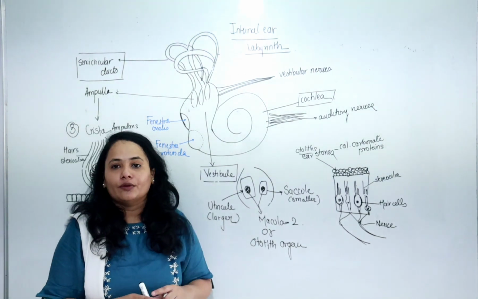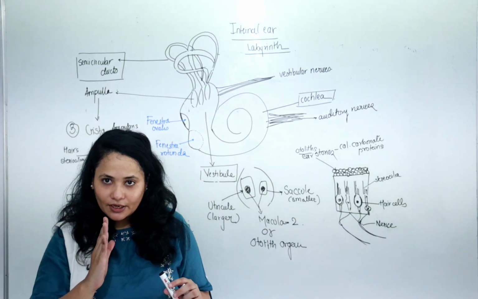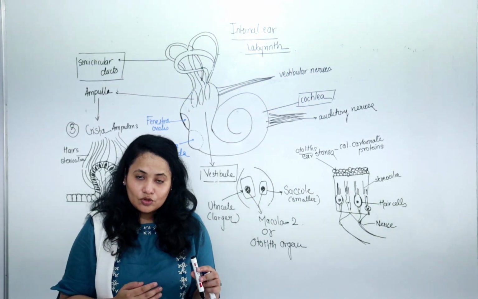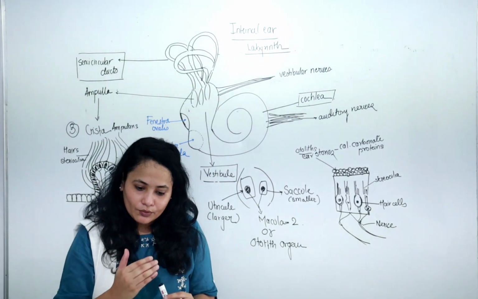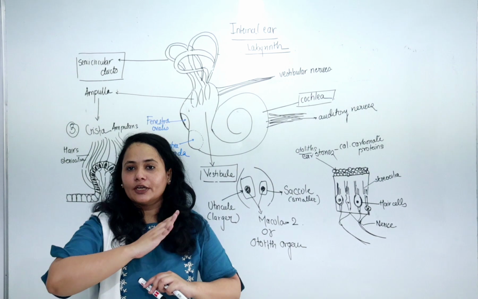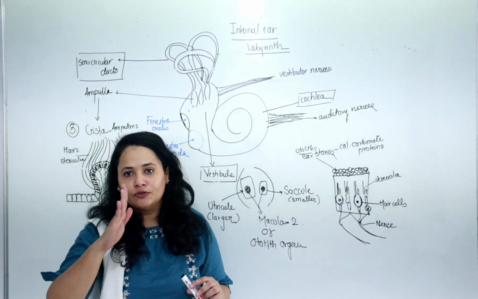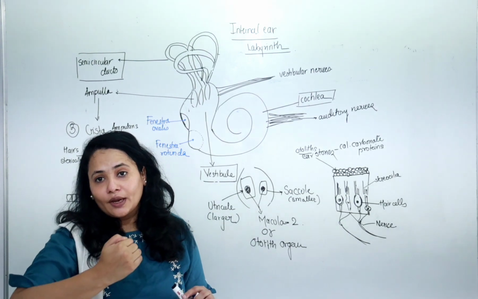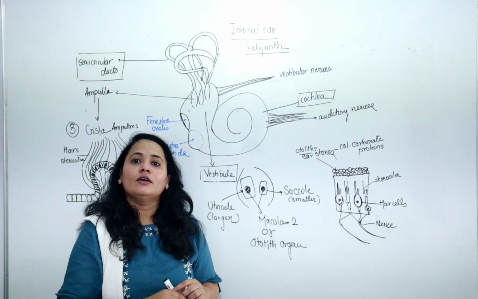Now what is its function? When we are in a linear equilibrium, or when we are standing and just bending down, whenever the body changes its position, like when we bend down vertically, at that point these hair cells move and inform the brain about the movement so that we don't fall down.